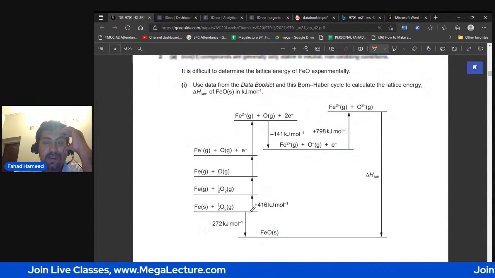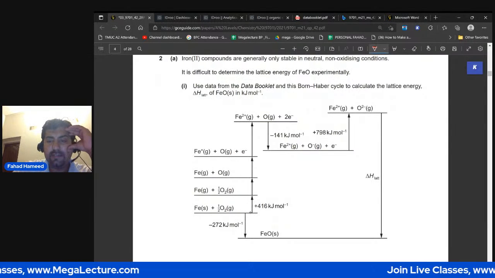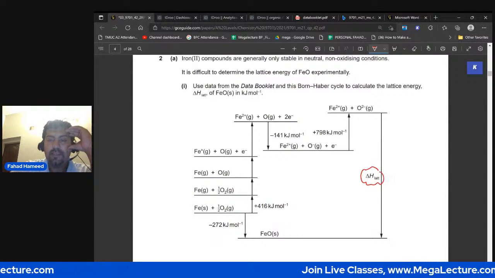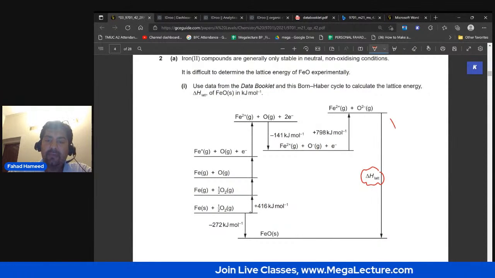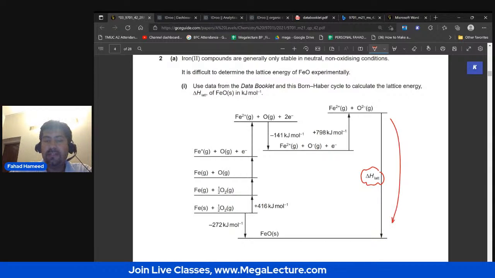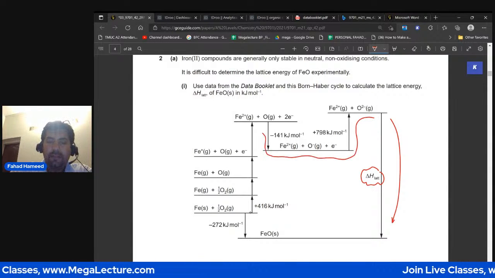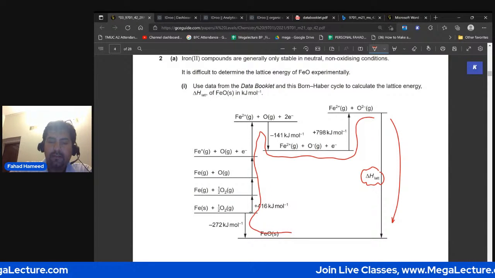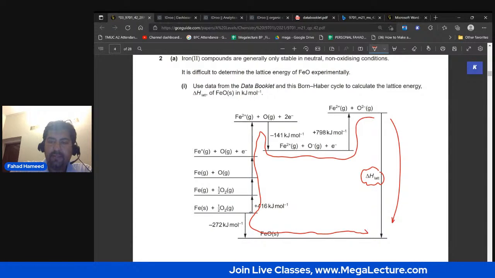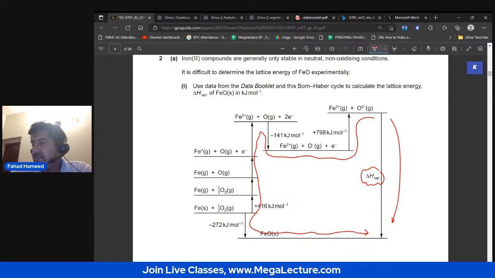So the first thing is you have to figure out lattice energy, right? Remember, Hess cycle is one path is equal to the other path. So that's your one path. What's the other path? Go all the way here, then come back and reach this point.